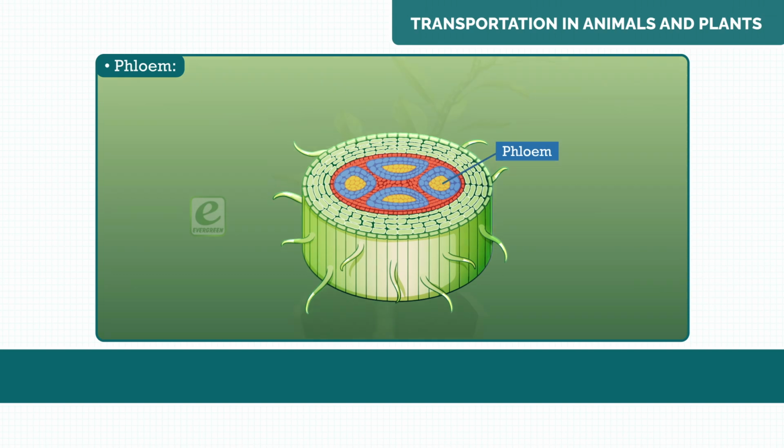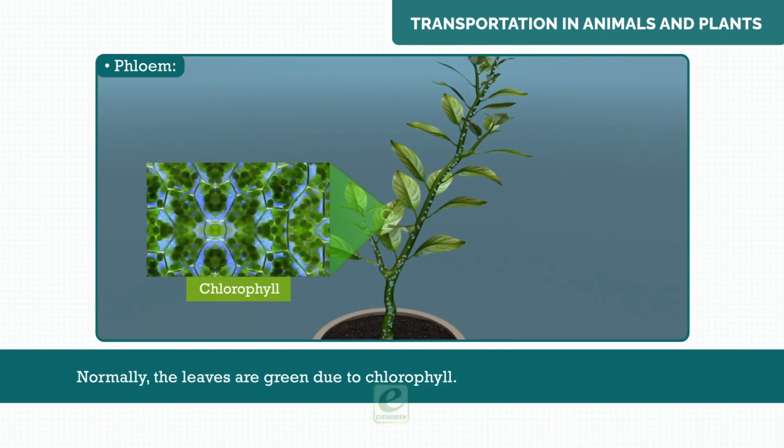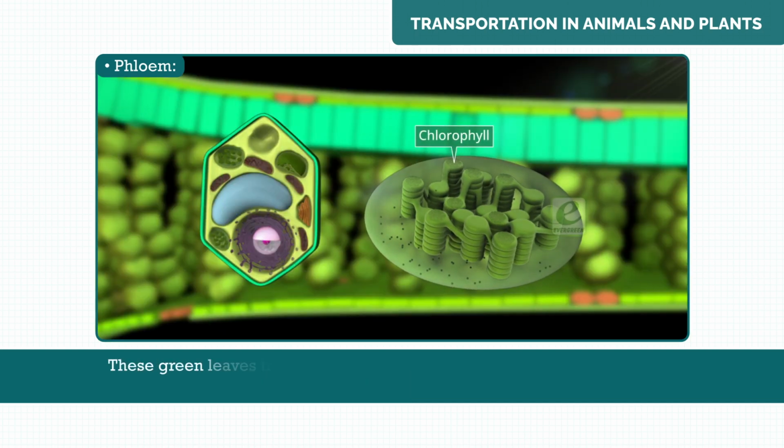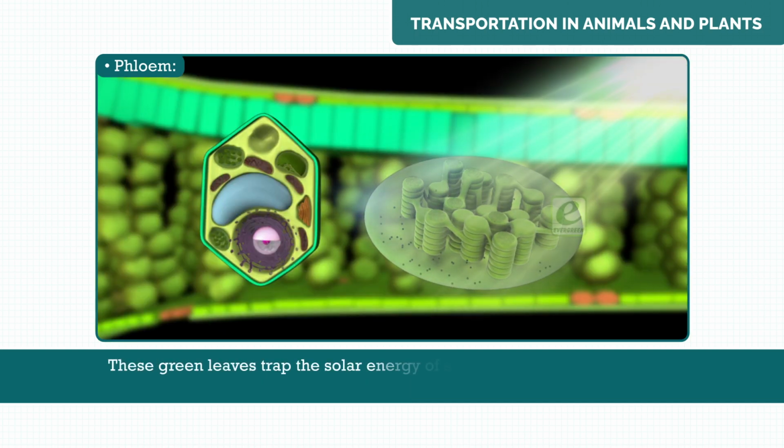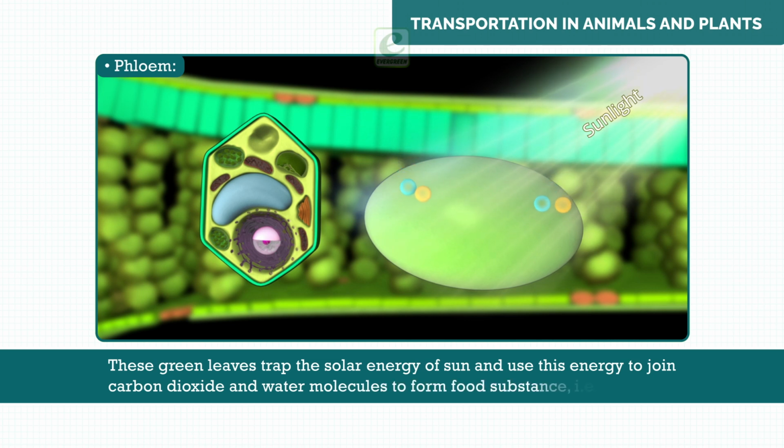Phloem. Normally the leaves are green due to chlorophyll. These green leaves trap the solar energy of the sun and use this energy to join carbon dioxide and water molecules to form food substances, that is, glucose.